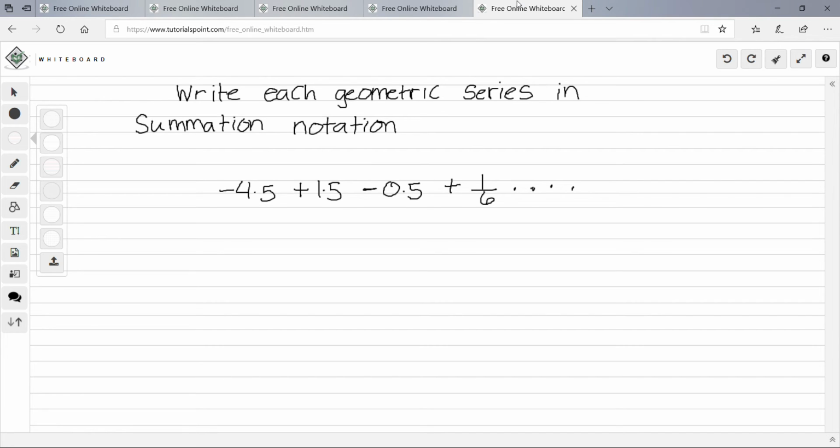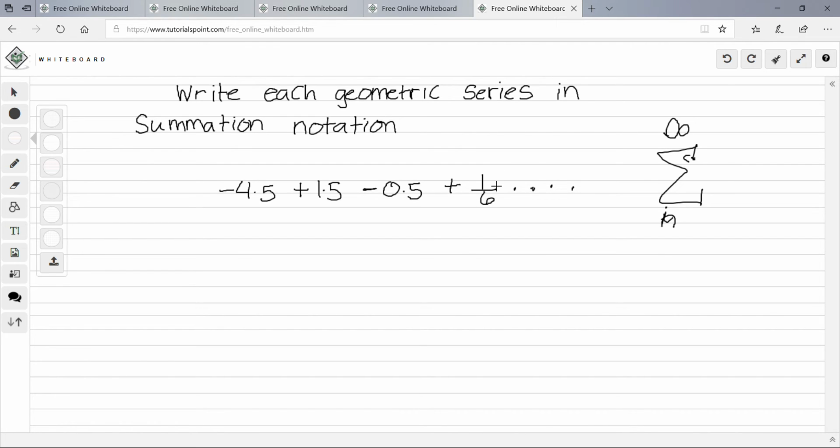So we've got to find our nth term. Okay, so let's look at this. It keeps on going, dot dot dot. So when it's dot dot dot, that means it'll keep on going.